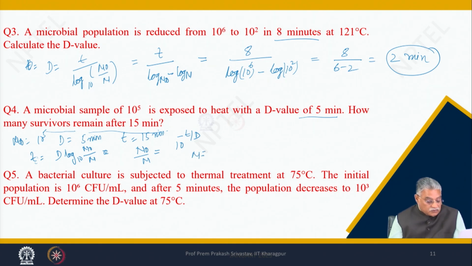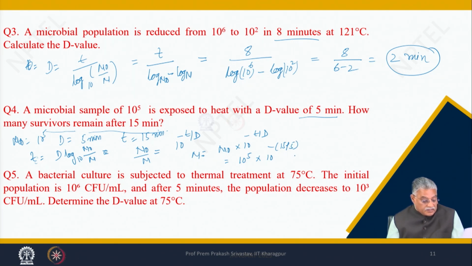So, n is equal to n0 into 10 to the power minus T by D. That is equal to 10 to the power 5 into 10 to the power minus 15 divided by 5, that is equal to 10 to the power 2. So, this is the answer.